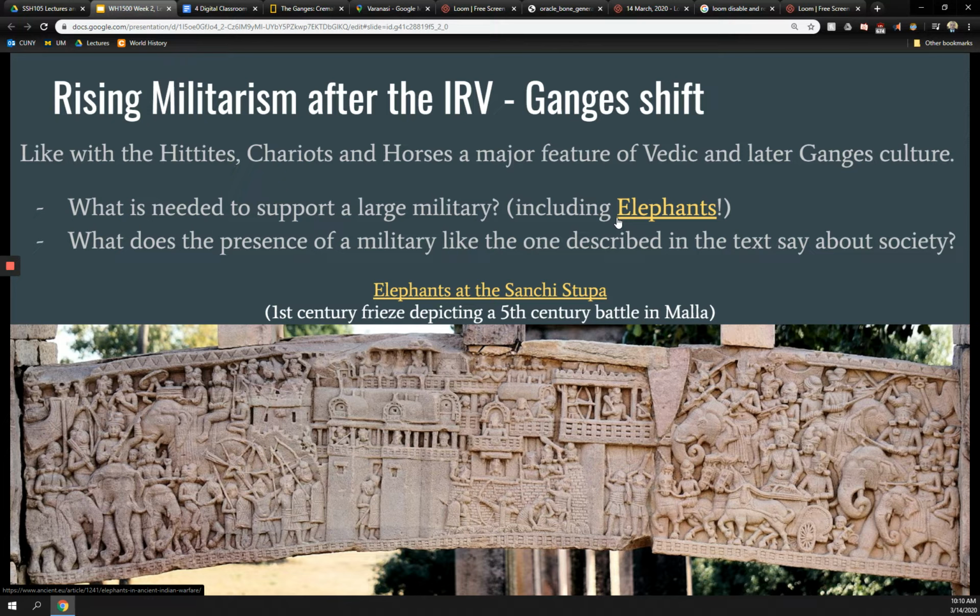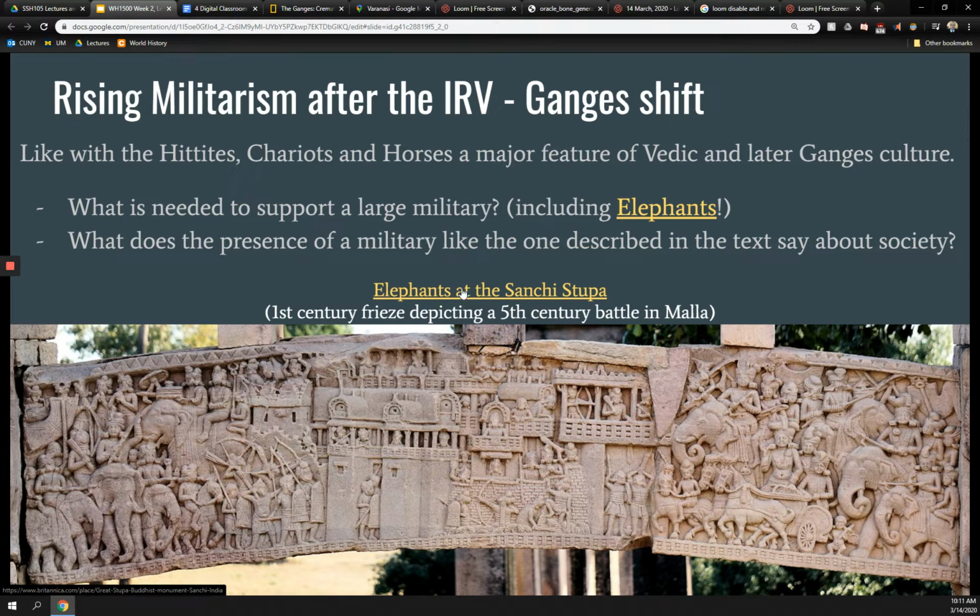And so the presence of these large militaries says a lot of things about society. Its organizational structure would have to be quite strong, and its resources would be fairly abundant to be able to support these large militaries made of both horse-drawn chariots, horse riders, archers, elephant riders, etc. And here we have a stupa.